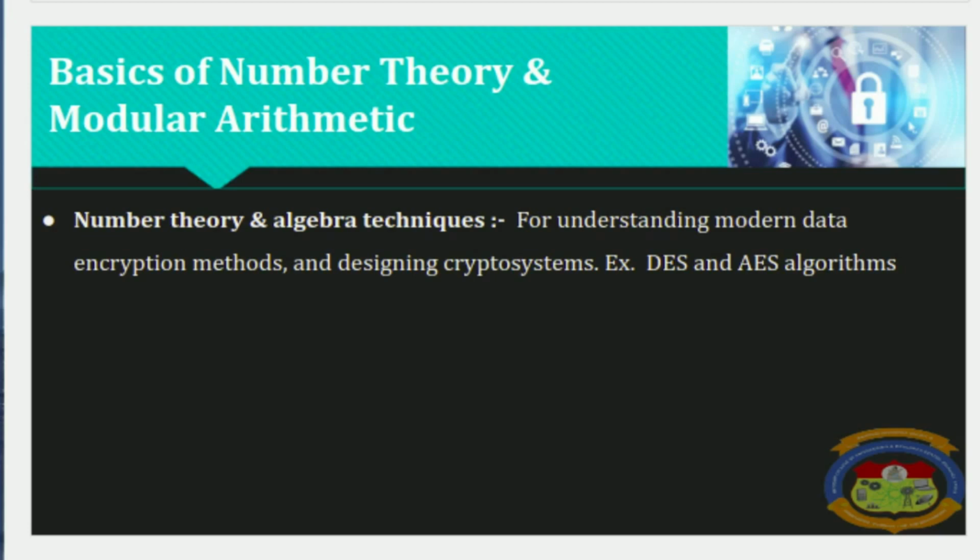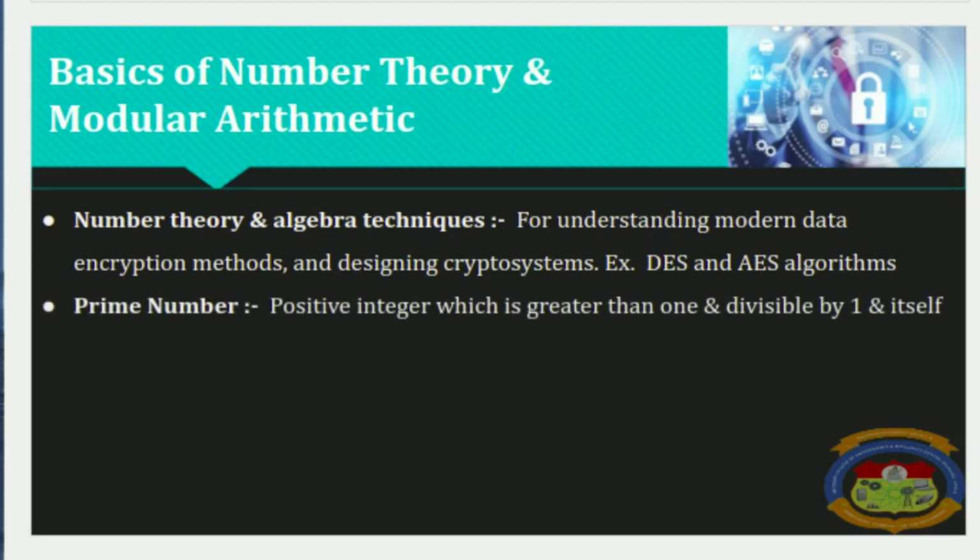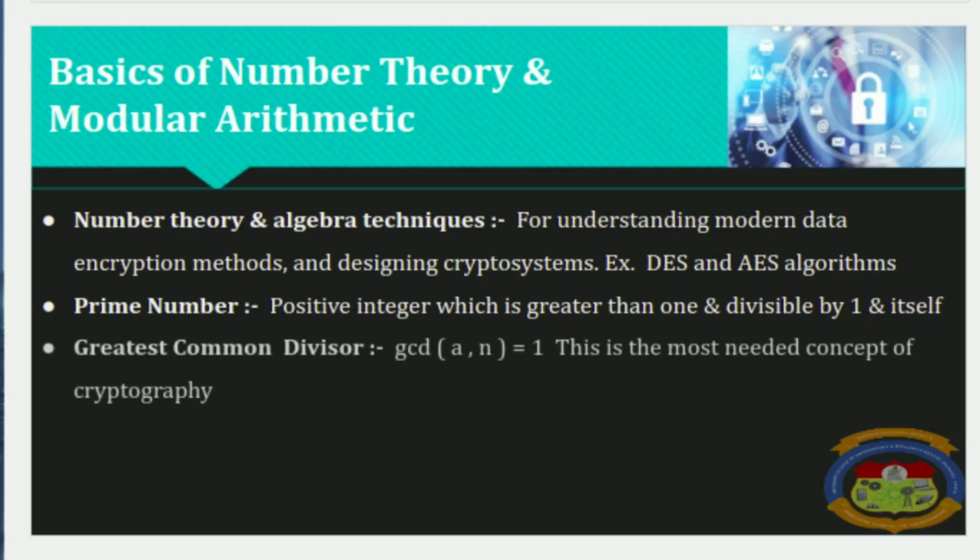So let's discuss first the prime numbers. A prime number is a positive integer which is greater than 1 and divisible only by 1 and itself. We know that 2, 3, 5, 7 and 11 are prime numbers. This concept is used heavily by cryptographic algorithms. One more term is GCD, the greatest common divisor.